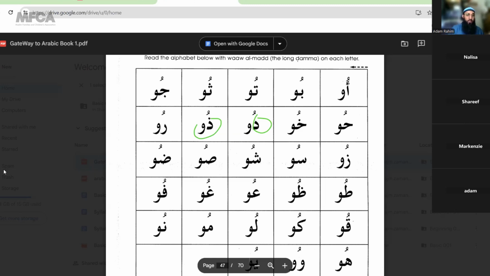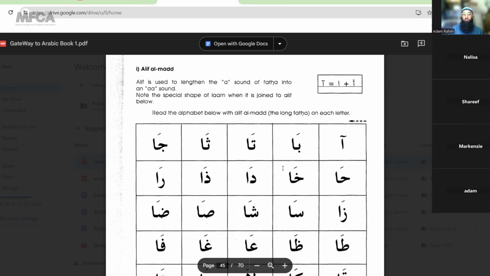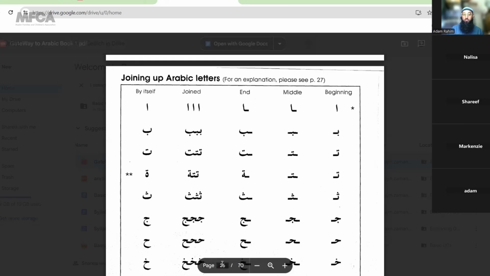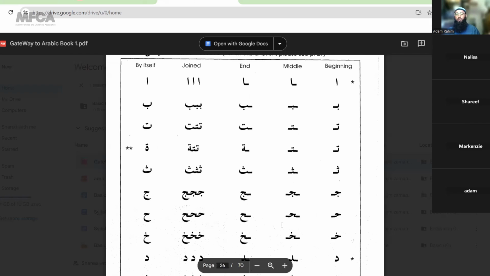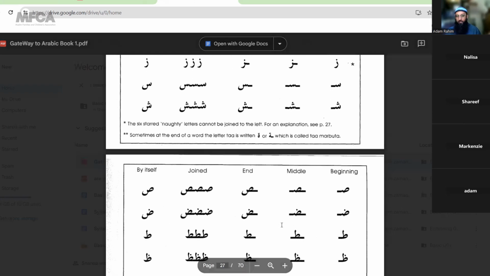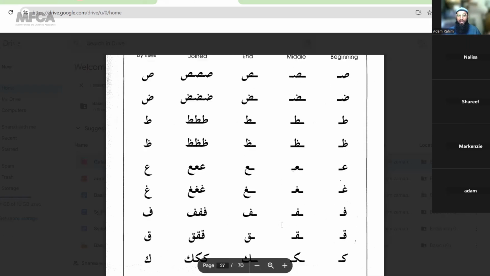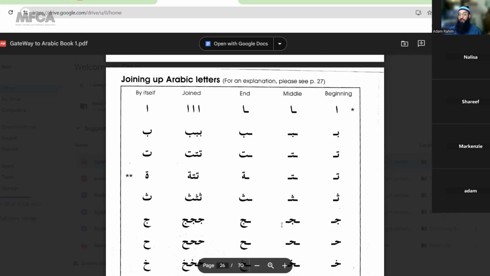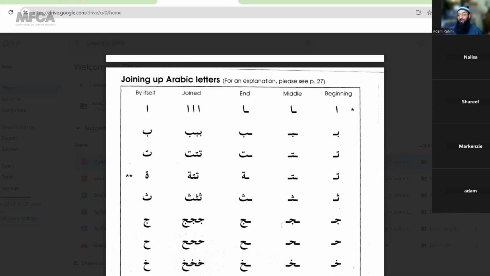We also mentioned today, and I want you guys to get used to the way that the letters are written. So page 25. Let's go back to page 25, which in the PDF is page 26, but in the book, it's the 25th page. I wanted you to start getting used to the way the letters are written in the beginning, the middle, the end, when joined, and by itself.